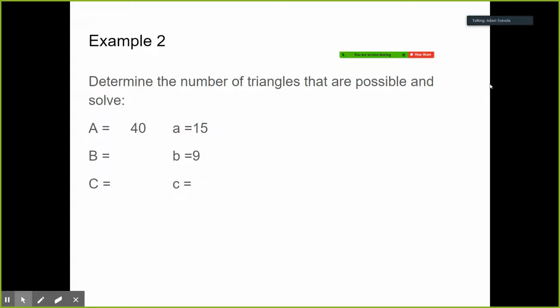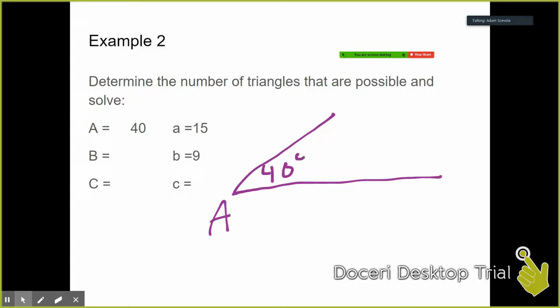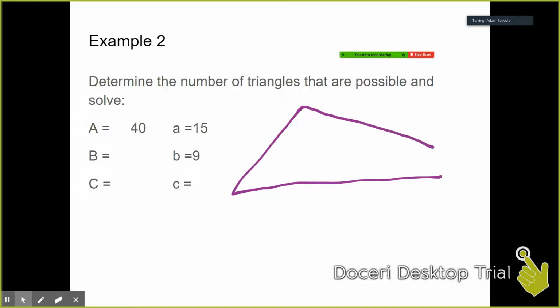All right, so now I'm going to draw my picture. So this angle is 40 degrees. The side opposite is 15, and this side is 9. Now I kind of drew that picture weird, but I think it's important to make it kind of to scale.